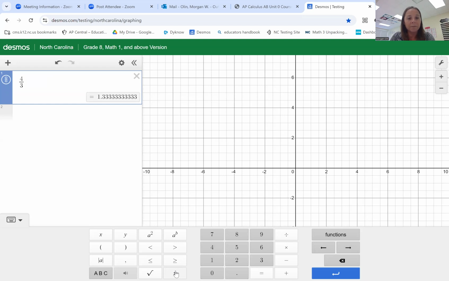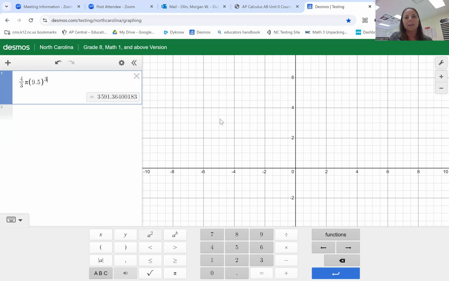You can hit pi. And then 9.5. And then if you're doing cube, you do this A to the B, circling it again, and then it'll raise it up, and then you put 3 in. And you can see that this is the same answer that we just got before. Also, pay attention to the keyboard. You got a square root. We used that earlier when we were doing Pythagorean theorem. The square is right here as well. We're not graphing anything, but you can still use this for calculations if you would like.